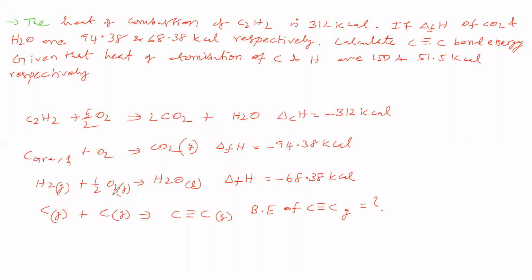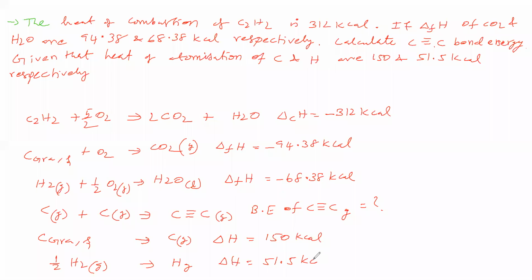Here we have to take carbon, available is graphite. Graphite we are taking, because they have not mentioned which carbon. That's why we have to convert this into carbon gas, for which heat is involved, and that is called atomization. This is an endothermic process. Next, heat of atomization of hydrogen, for which we can write the equation H2 gas gives H gas. For this delta H is 51.5 kilocalories. This is also dissociation, therefore endothermic.